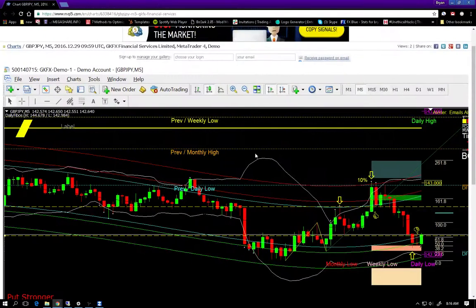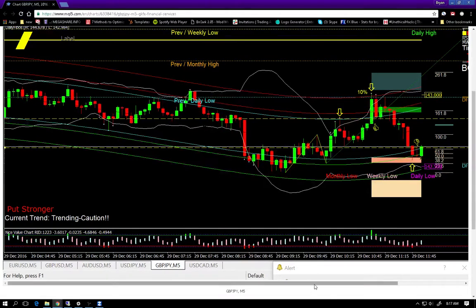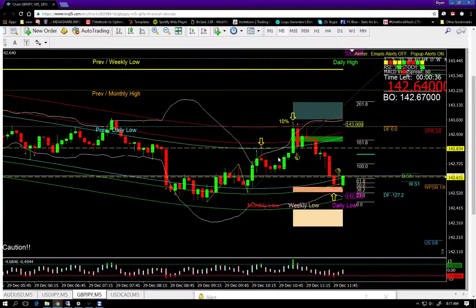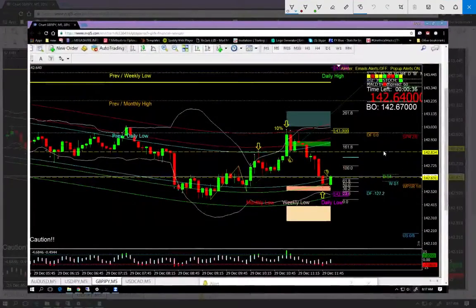Next is GBPJPY. I don't particularly trade this pair, but this trade here, and let's get back to our little doodle mode. I can see you're grasping the concept on it because we have 1, 2, we have 3 institutionals.